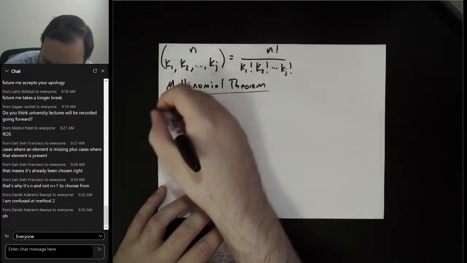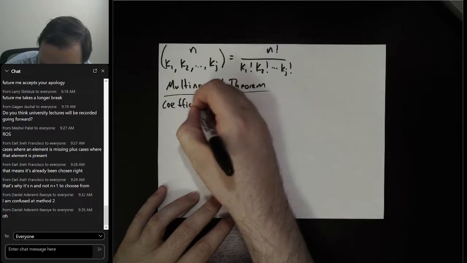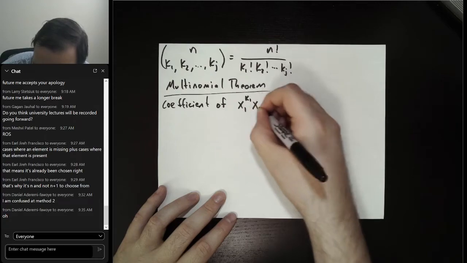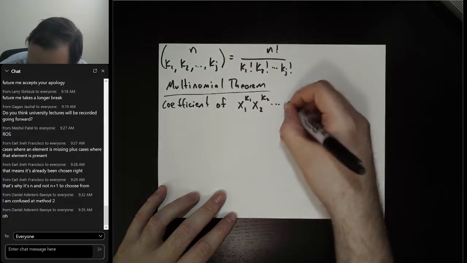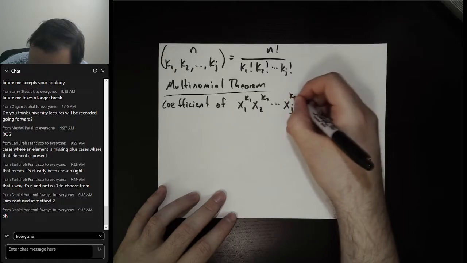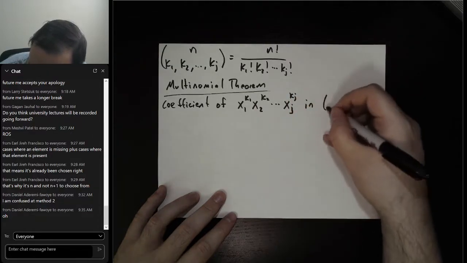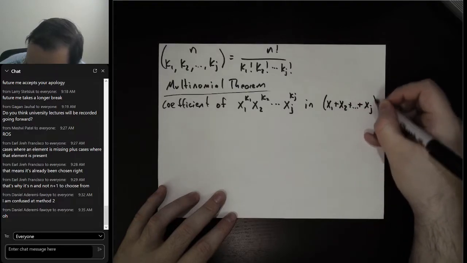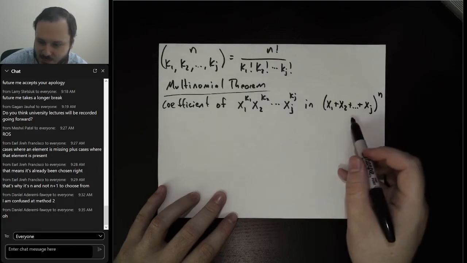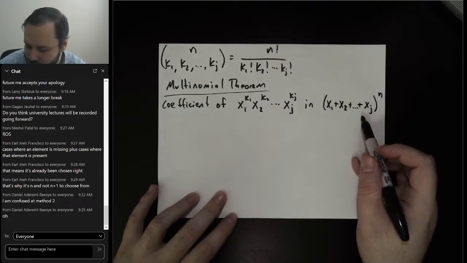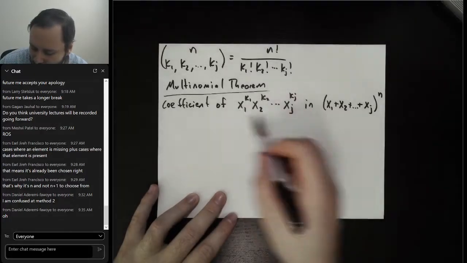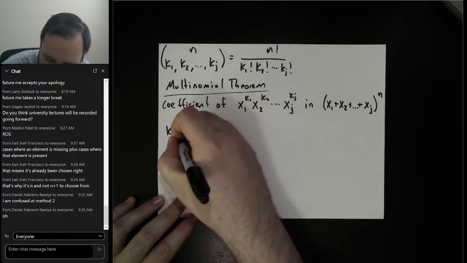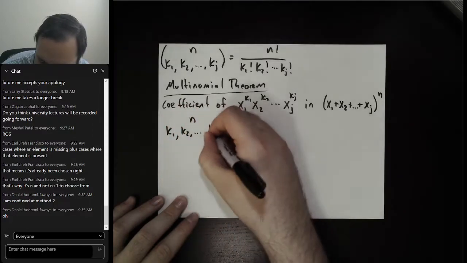Which says that the coefficient of x1 to the k1 times x2 to the k2, and so on, xj to the kj, in this expansion, x1 plus x2 plus all the way up to xj, all to the n power. So instead of just x plus y, I'm adding together j different things. If I want this particular power, then I want n choose k1, k2, all the way up to kj.